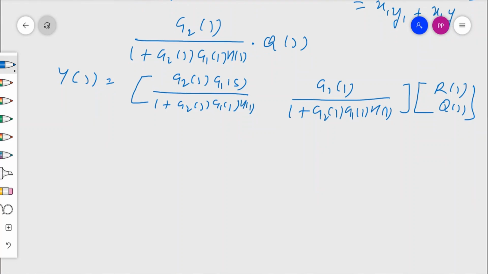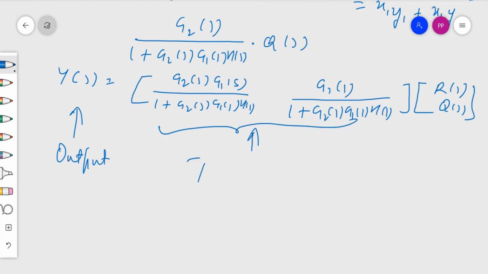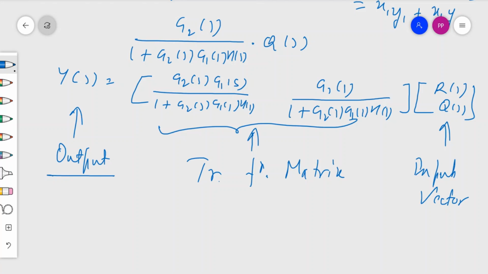So here I can say that Ys is the output, and this is the transfer function matrix, and this is called the input vector. So if this Ys is more than one output, then it will definitely be a matrix with many rows and one column.